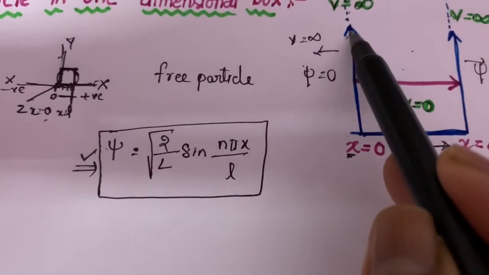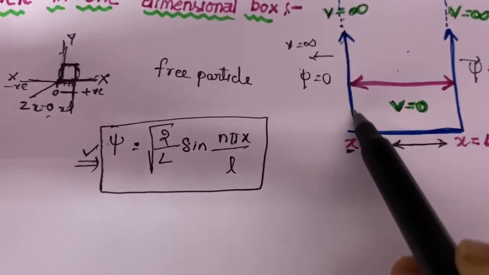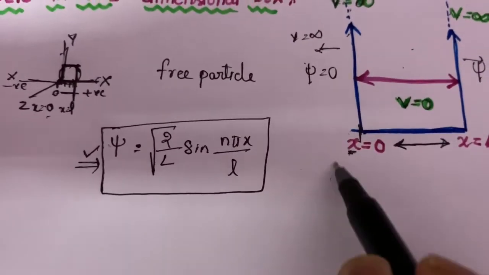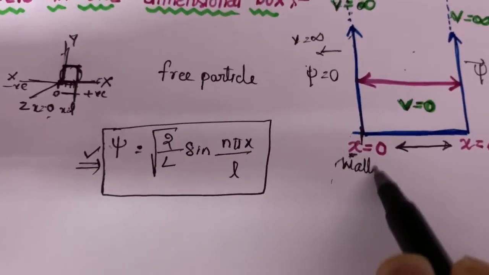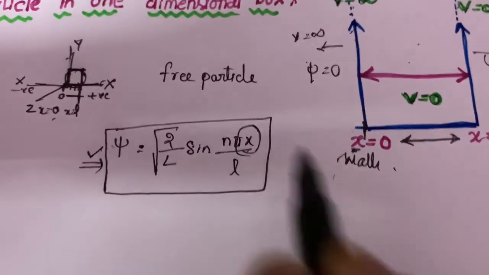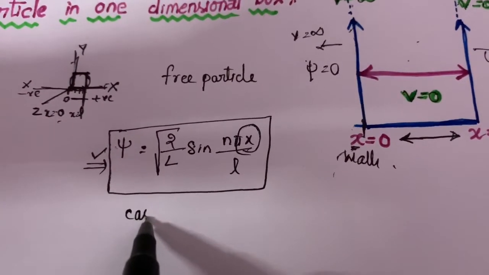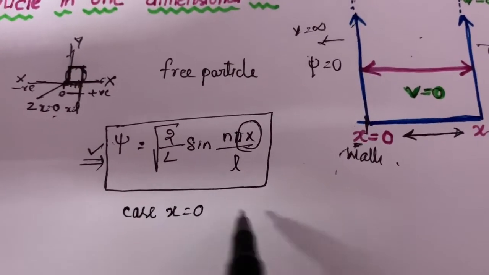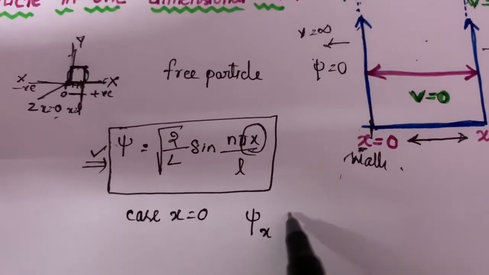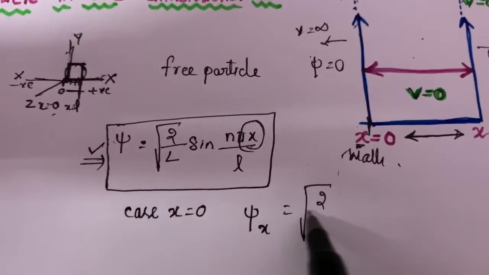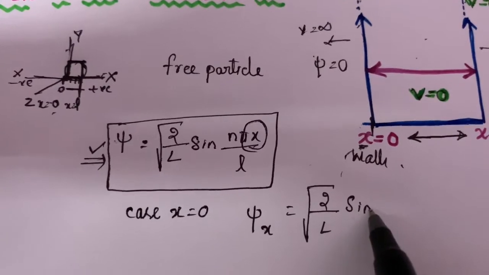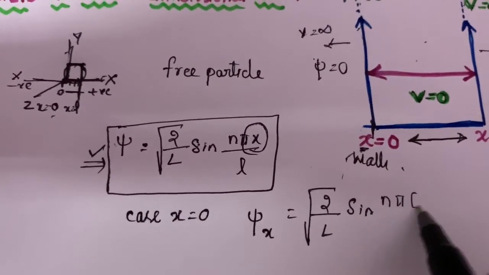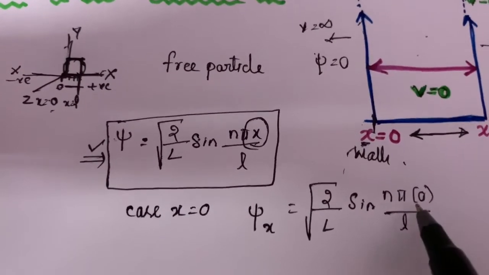Let's see along the walls first. If you consider this is the wall, what is the x value along the walls? The x value is 0. If you substitute in case 1, along the walls, that is x value 0, psi of x, I am writing root 2 upon L sine n pi x upon L, with x as 0.